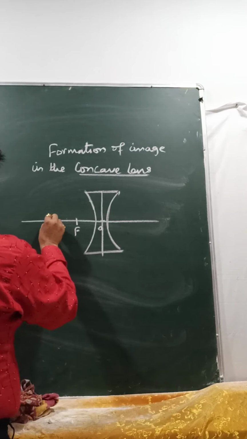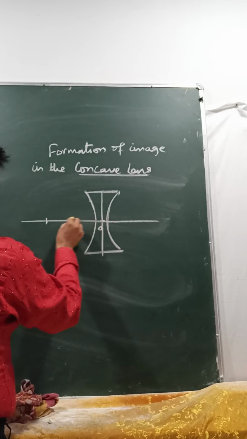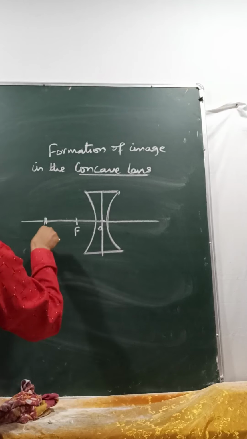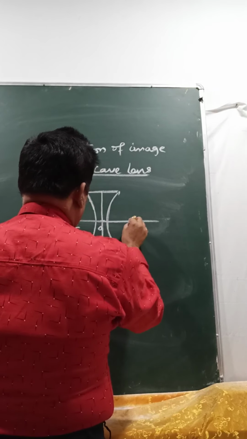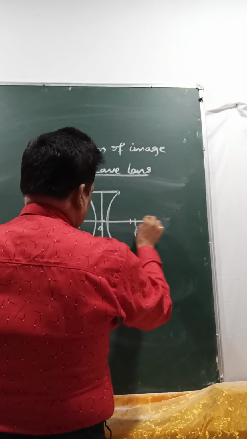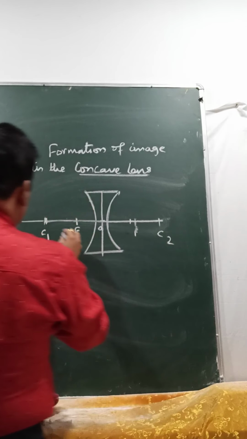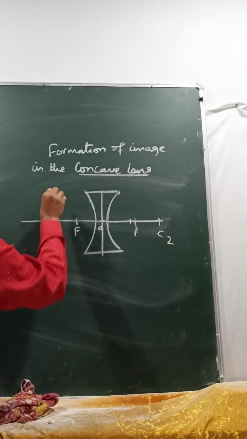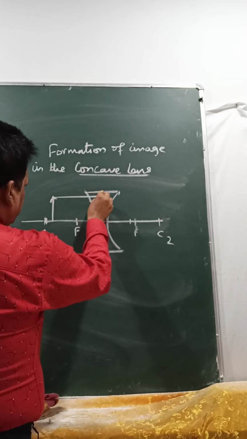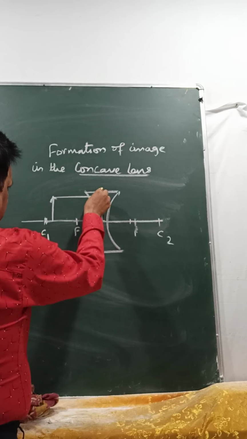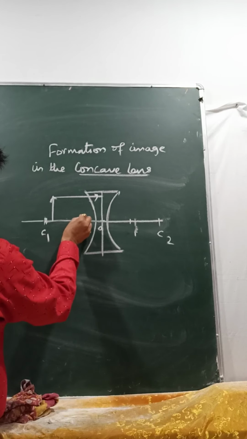This is focus. This is center of curvature 1, this distance should be same. This is focus somewhere here. Center of curvature 2. Suppose I have placed an object here. The ray that goes parallel to principal axis diverges in the direction of focus.